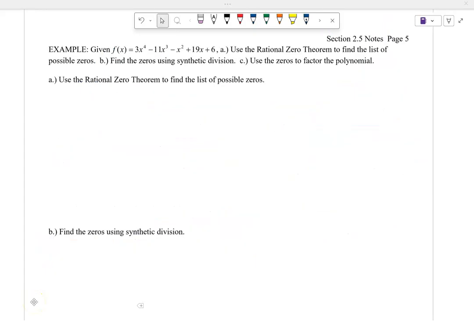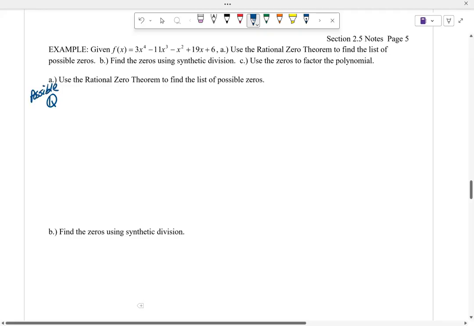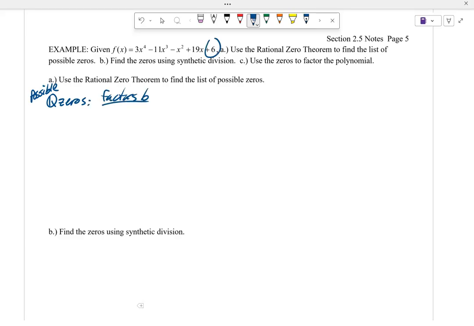All right, let's look at this next one here. We've got what are the possible rational zeros? Let's list that. So that'd be factors of that 6 on the end over factors of 3 at the beginning. Well, we know factors of 6 are 1 and 6, as well as 2 and 3.